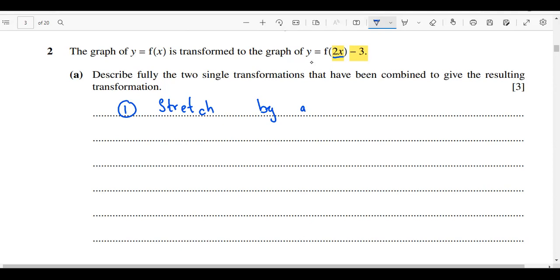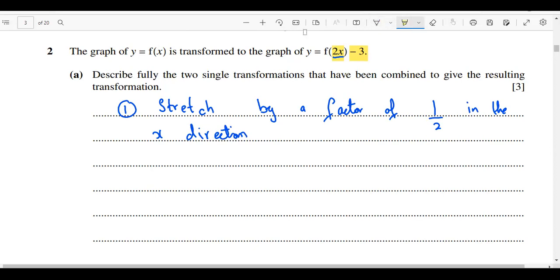Okay, all right. So it would be stretched by a factor of, we do 1 by a, so it would be 1 by 2, in the x direction.